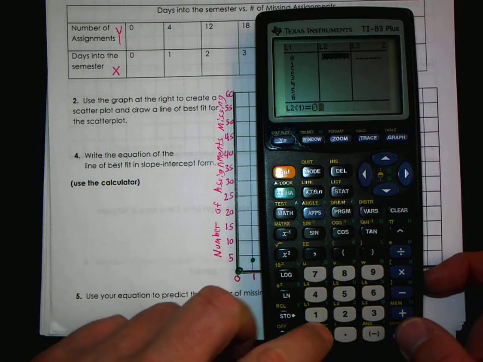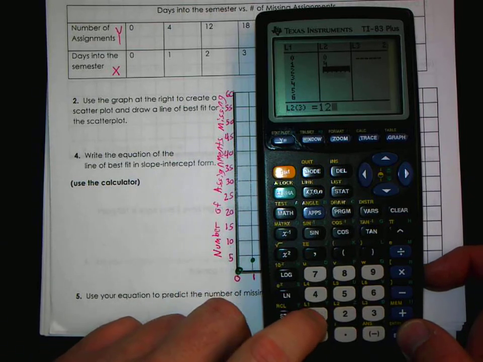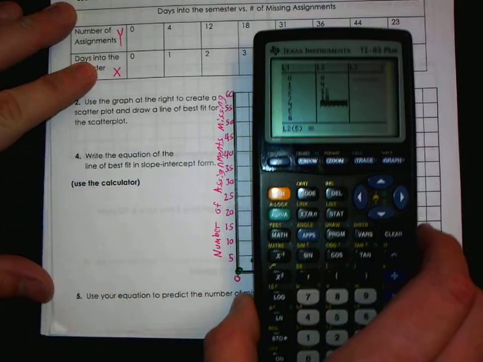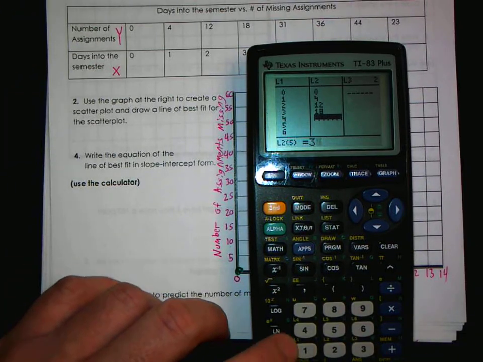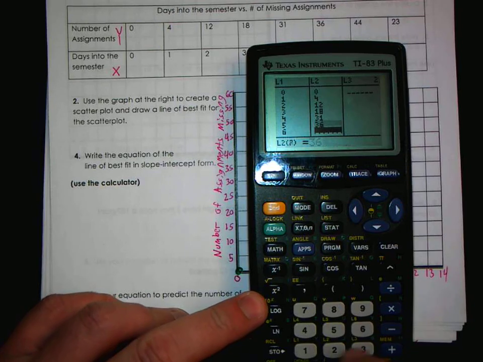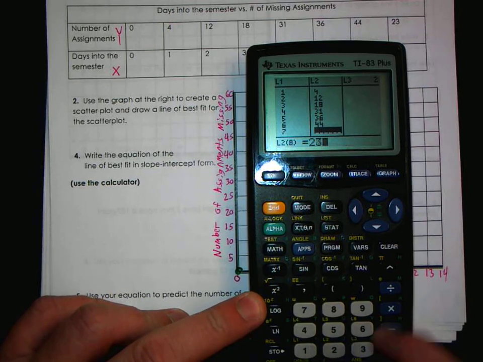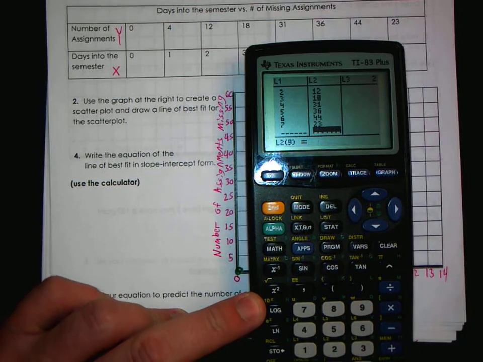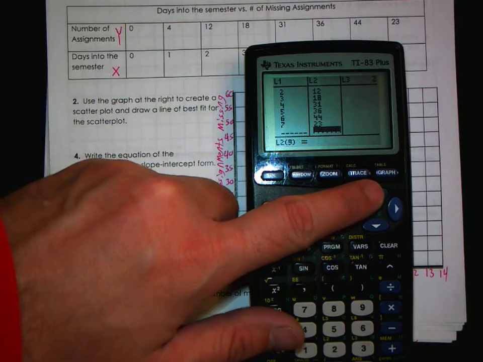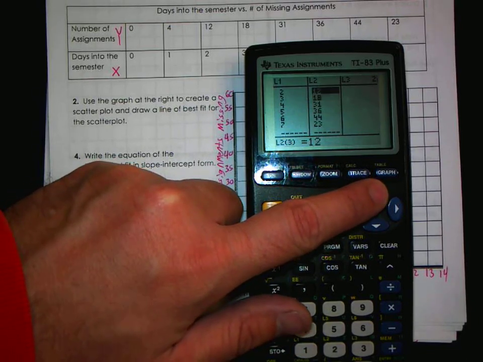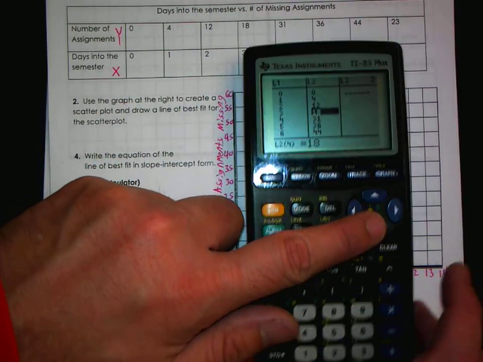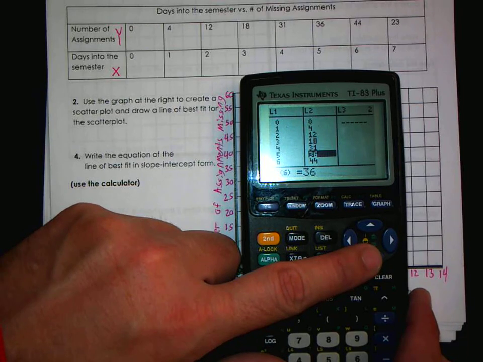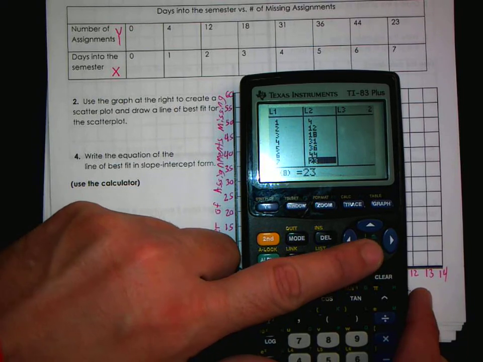We'll put in our 0, our 4, our 12, 18, 31, 36, 44, 23. And it's not a bad idea to look at the data one more time and just make sure you typed in 0, 0, 1, 4, 2, 12, 3, 18, 4, 31, 5, 36, 6, 44, 7, 23.